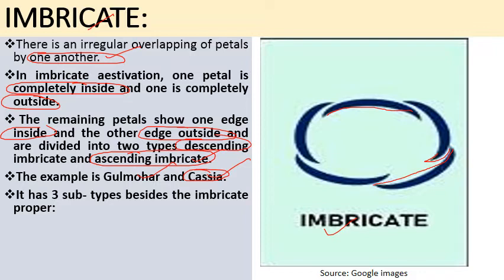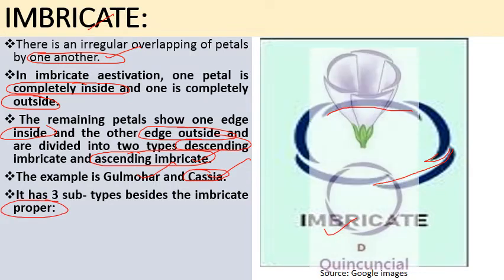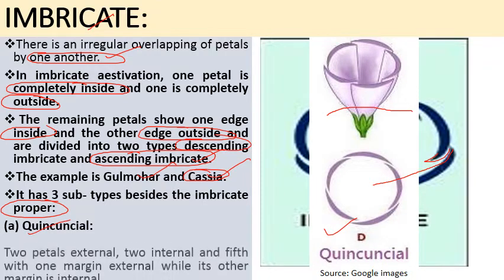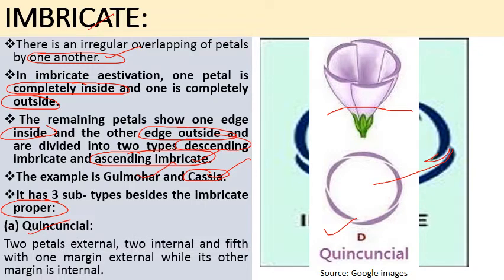It has 3 subtypes beside the imbricate proper. 3 subtypes हैं इसके. This is the first one, that is quincuncial. इसमें जो 2 petals होते हैं they are external, that we can see here. 2 petals external होते हैं, बाहर होते हैं complete, and 2 are internal, and 5th with 1 margin external. जो 5th petal है उसका एक margin बाहर की तरफ होगा, that we can see in this diagram, और एक इसका end अंदर की तरफ होगा. इस तरह की estivation कहा जाता है quincuncial estivation.